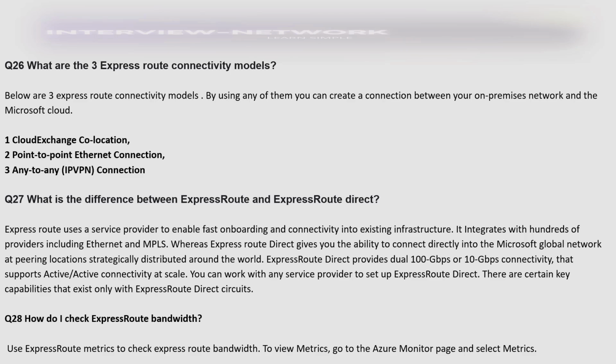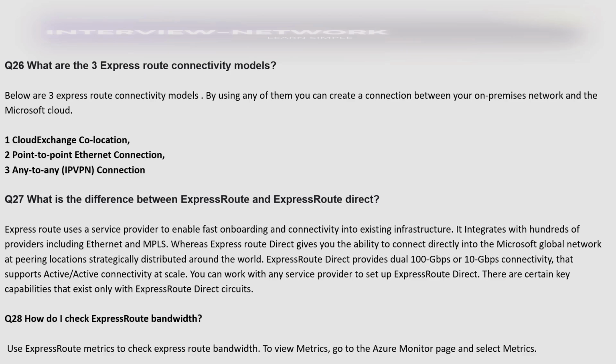ExpressRoute Direct provides dual 100 Gbps or 10 Gbps connectivity that supports active-active connectivity at scale. You can work with any service provider to set up ExpressRoute Direct. There are certain key capabilities that exist only with ExpressRoute Direct circuits.